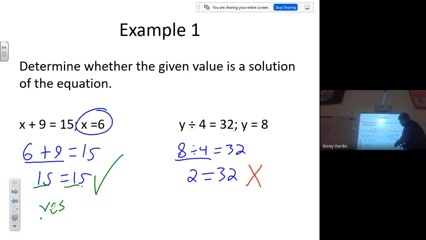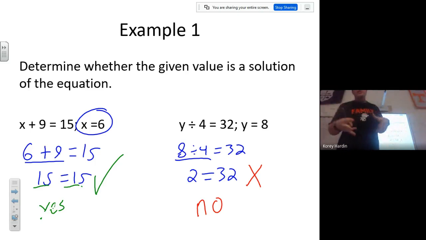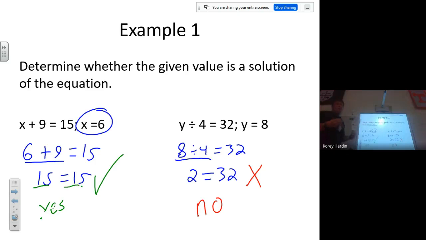You're wrong. So, no, this is not a solution to the equation. So go ahead and write those steps down. Not very hard. You're just plugging in the numbers and you're seeing if the student was right. You're seeing if this is a solution for the equation.